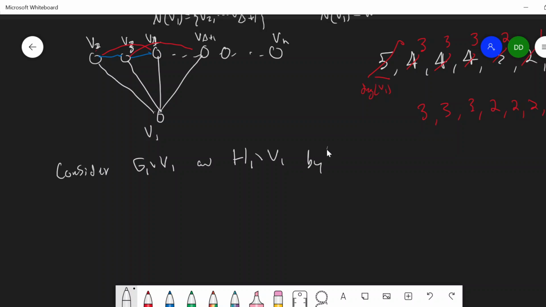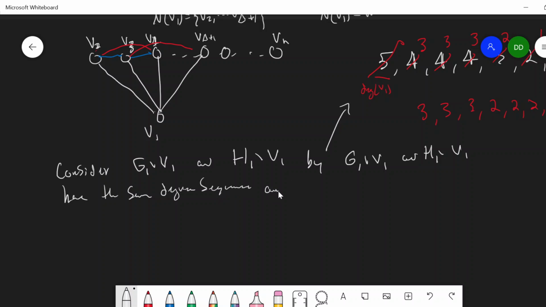So by this argument I just showed you, this little example, G1 minus V1 and H1 minus V1 have the same degree sequence. And they have order n minus 1.